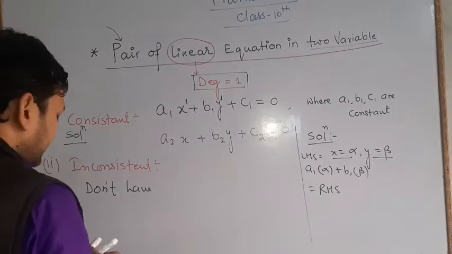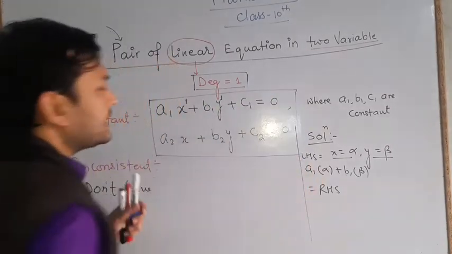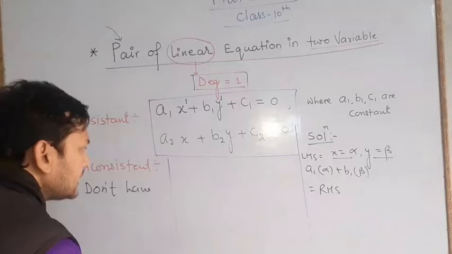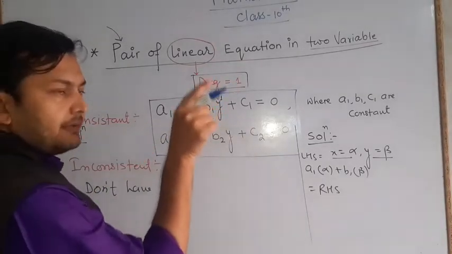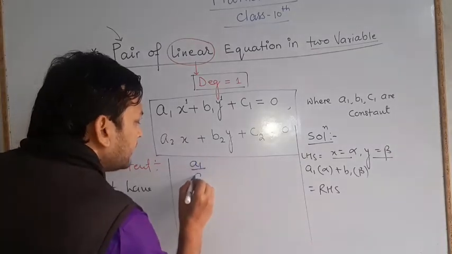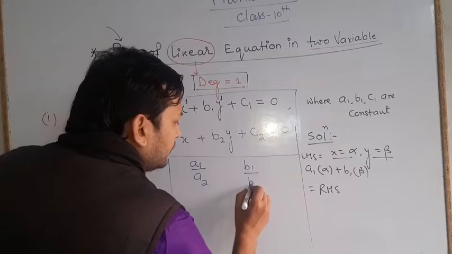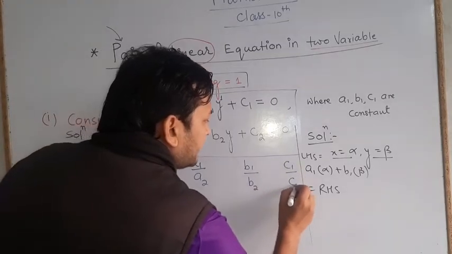Suppose you have this pair of linear equations and you want to check whether they are consistent or not. First of all, compare the given equations with the standard equations and find the values of a1 upon a2, similarly b1 upon b2, and similarly c1 upon c2.